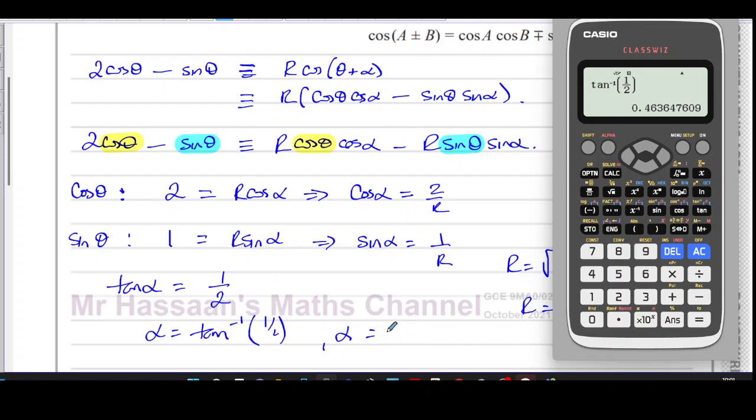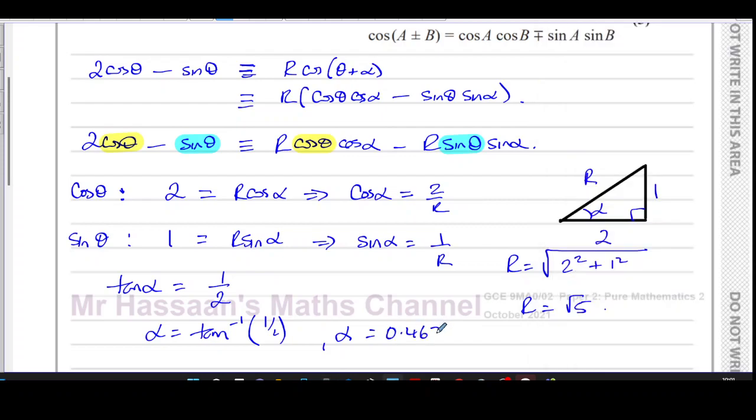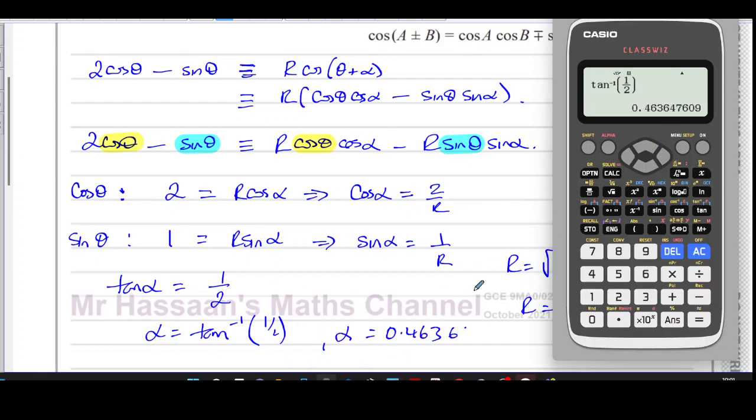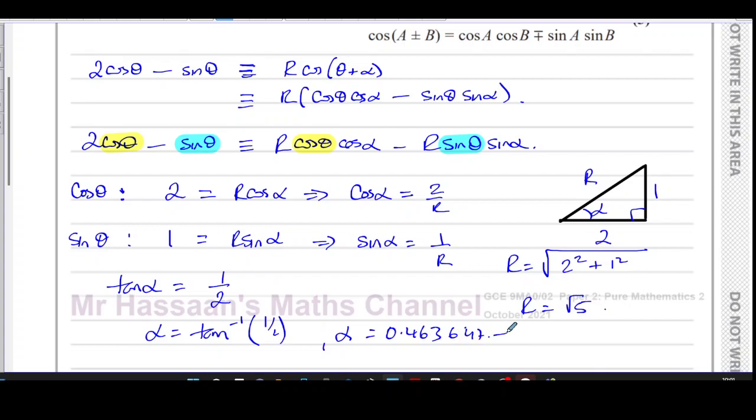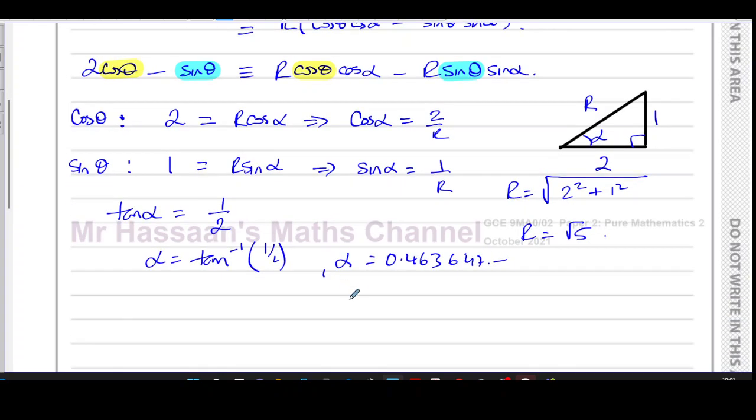I'll just write it out to a few more decimal places: 0.4636647, and it goes on. We want 3 decimal places, so we stop there. So alpha, therefore, is 0.464. That's in radians.